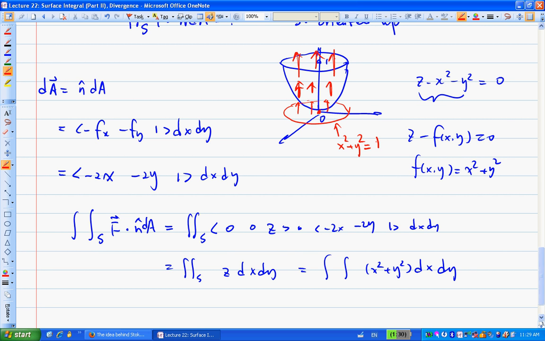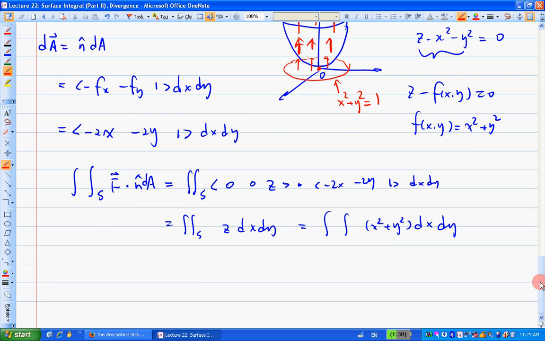So the limits for x and y should be based on that circle. Because it's a circle, I would not prefer to use Cartesian. I would prefer to use what? Cylindrical, no? Polar? Polar, that's right. Because it's a double integral, you would prefer to use polar.